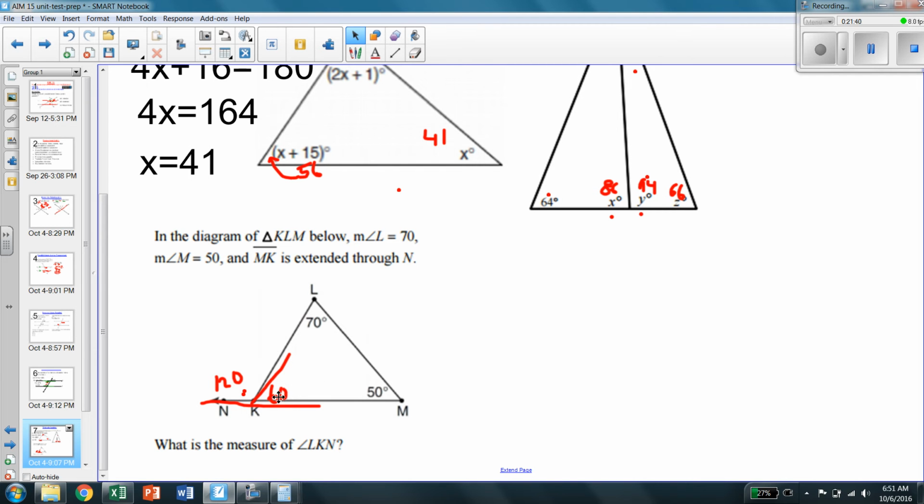Figure out this angle, then we use supplementary angles to get this missing angle on the outside, the exterior angle. Two big ideas for this problem: triangle angle sum theorem, 180 degrees, and supplementary angles add up to make 180 degrees.